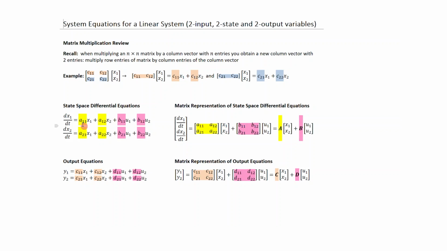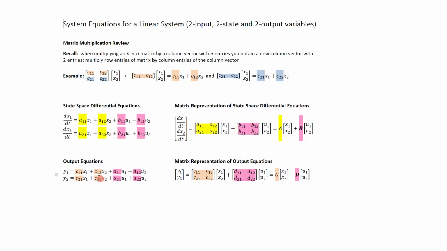These two equations, according to the rules I've shown up here, can be rewritten in matrix form. What we end up with is something much more compact. We have a matrix A consisting of 4 elements times a column vector x1, x2, plus a matrix B times a column vector involving u1 and u2. Of course this would be A and this here would be B.